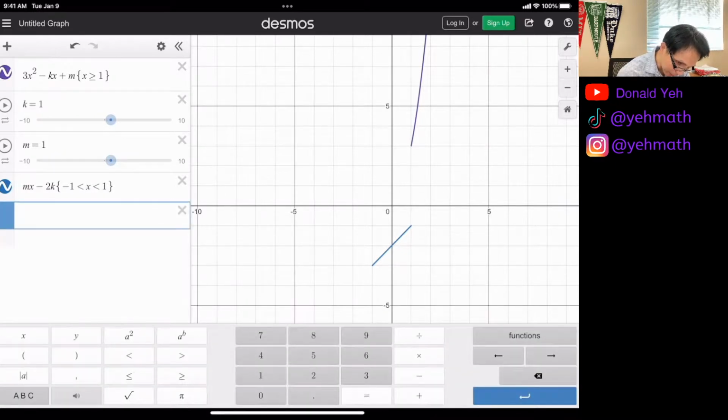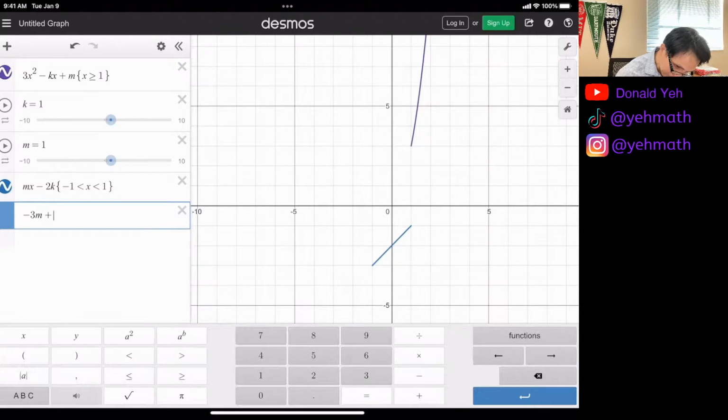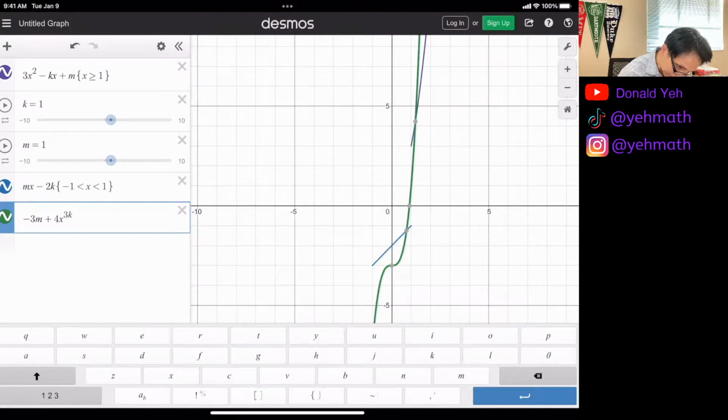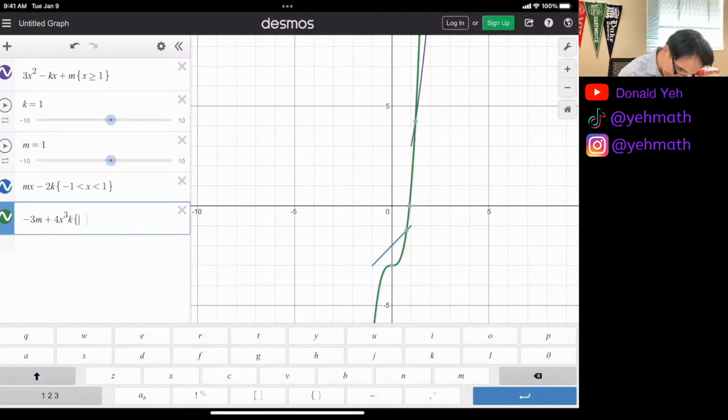And then what's the next one? Negative 3m plus 4x cubed. Negative 3m, yep, and then plus 4x cubed. Okay, and wait, the k is right here, right? And then what is the restriction? X is less than or equal to negative 1. Thank you.